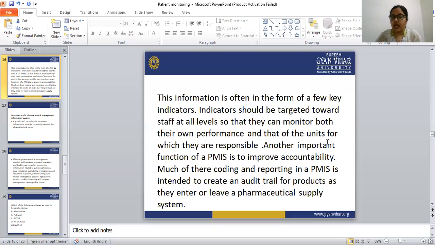patient monitoring system. And I have talked about the pharma information system.